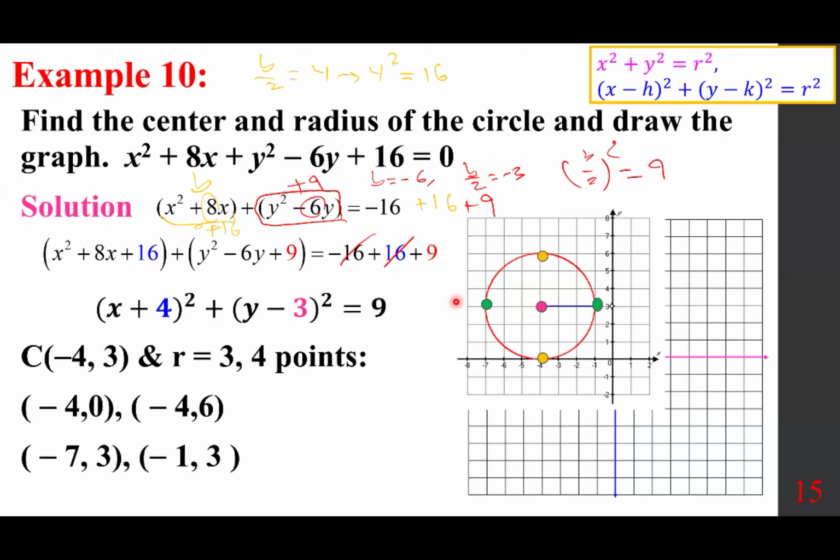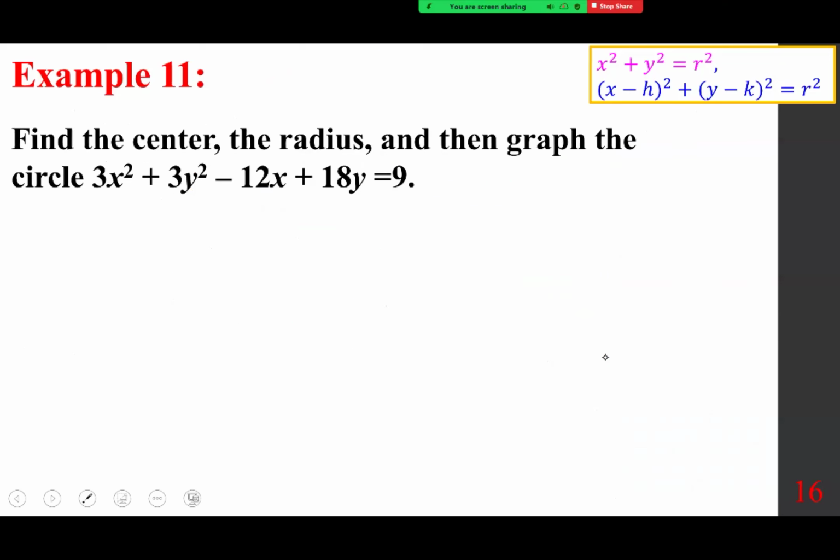The purpose of those 4 points is to just give you an idea how you can graph this. Find the center, the radius, and the graph, and then graph the circle 3x squared plus 3y squared minus 12x plus 18y equals 9.